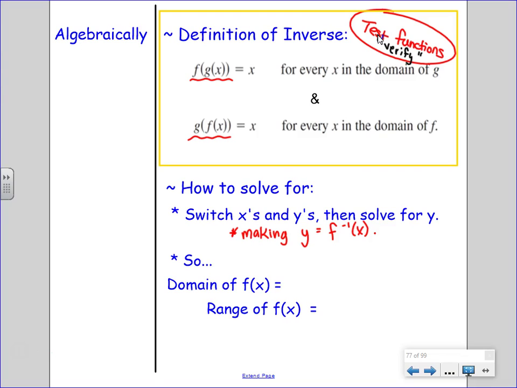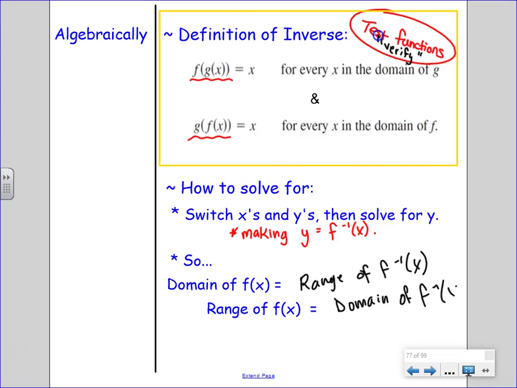Switch the x's and y's, solve for y, but don't stop with saying y equals your inverse. You have to name it something new, or else it's going to be confusing. And since the x's and y's are switching, all the x's of one, the domain, will become all the y's of the other, and all the y's of one will become the x's of the other.